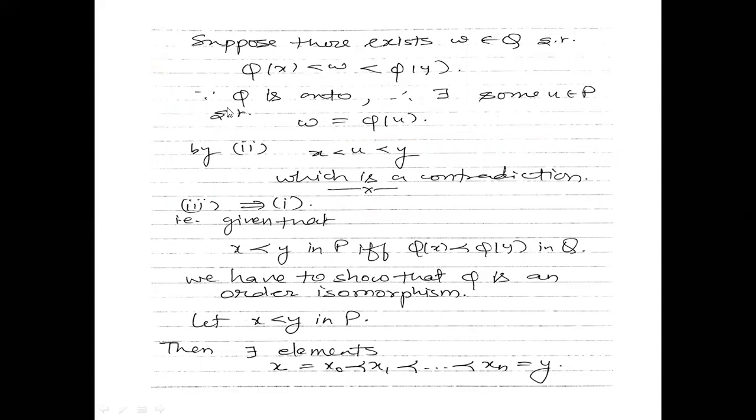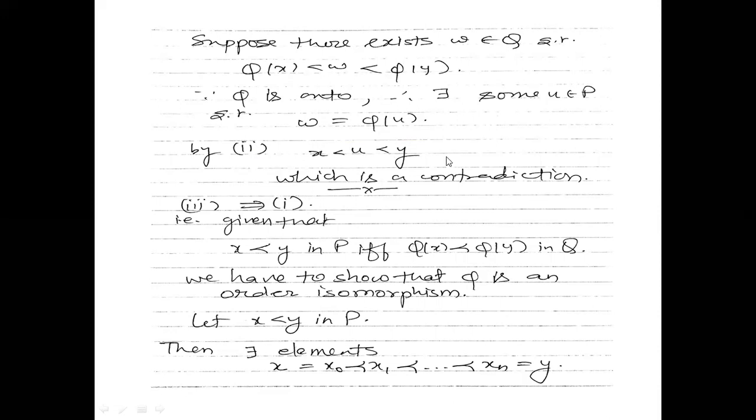Now we already know that phi is an onto map. Therefore, there exists some u in P such that W is equal to phi u, because phi is from P to Q. If I take some element in Q, then there is some pre-image of that element in P. Then by the second statement, x is less than u less than y.